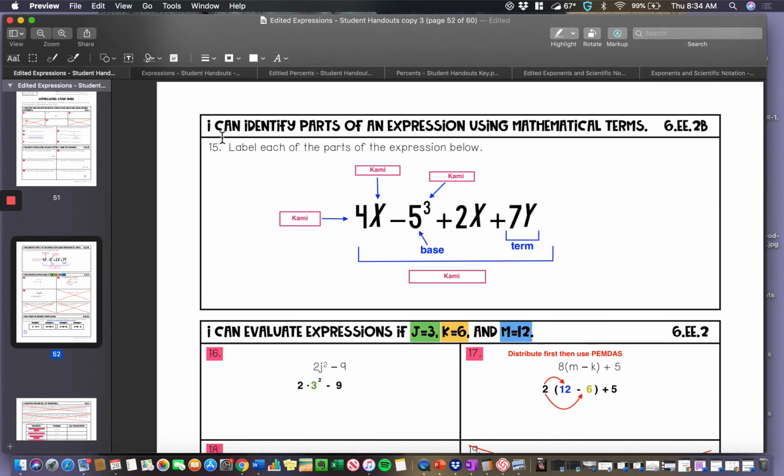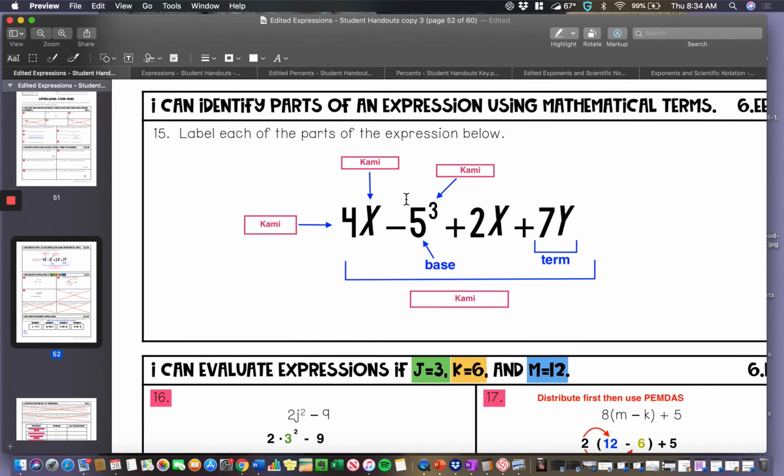On the next page, it says I can identify parts of an expression using mathematical terms. So we're going to label each of the parts of the expression below. So I did a couple of them for you, but you have to fill in the rest. So, for example, I did what is 5 to the third. I want to know what the 3 is in this term right here, but I did label the base for you.